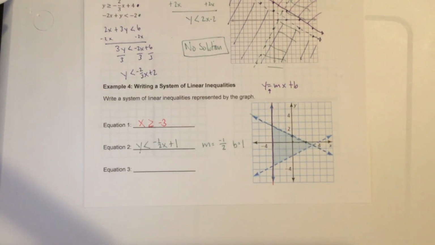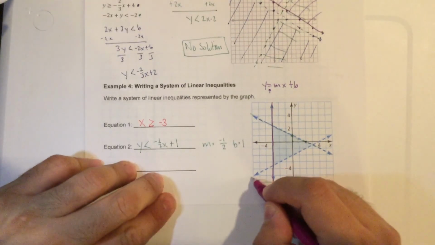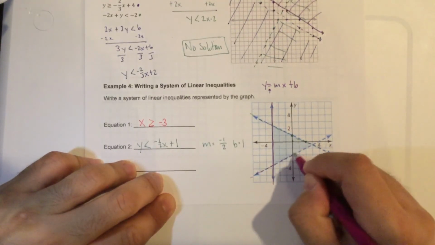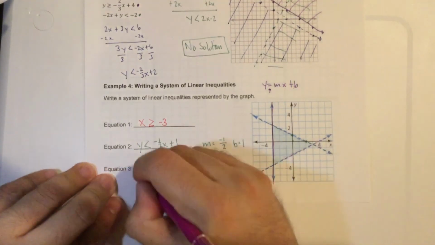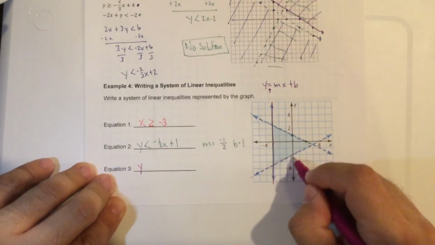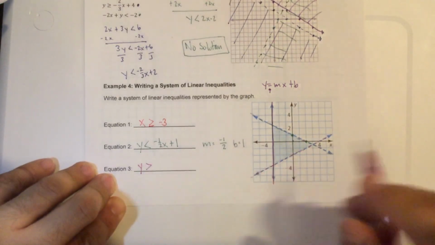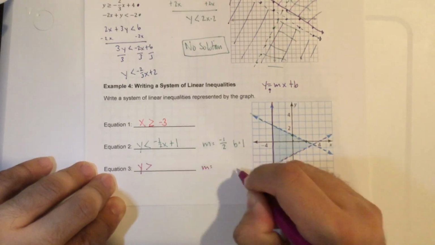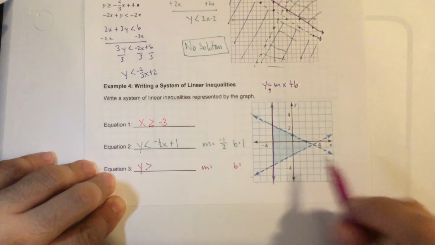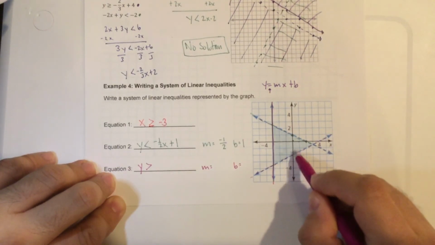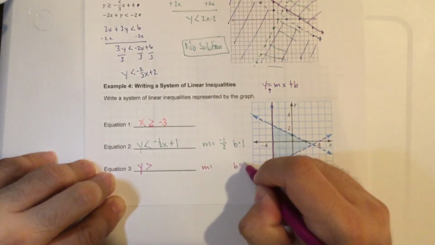All right, and then for my last equation, we have this one right here. Once again, we start with y. It is a dashed line, and the shading is now above, so greater than. We're going to find my slope and my y-intercept. So once again, the y-intercept, you just look at the y-axis. It looks like it crosses at negative 2.